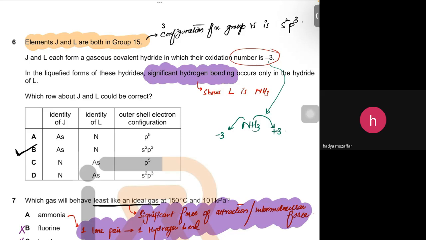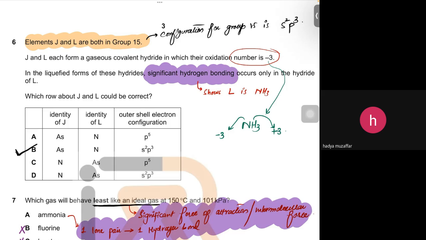J and L each form a gaseous covalent hydride in which their oxidation number is -3. In the liquefied forms of these hydrides, significant hydrogen bonding occurs only in the hydride of L. Which row about J and L could be correct?